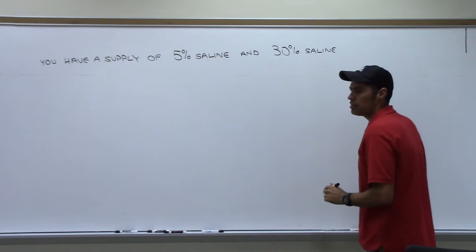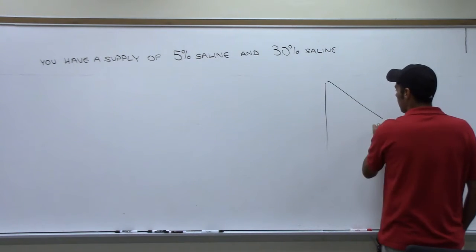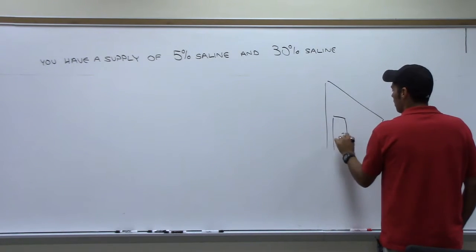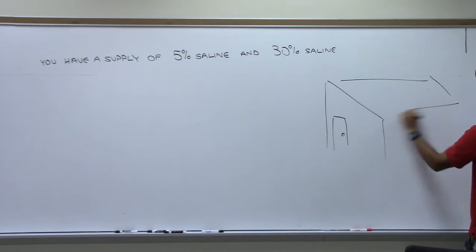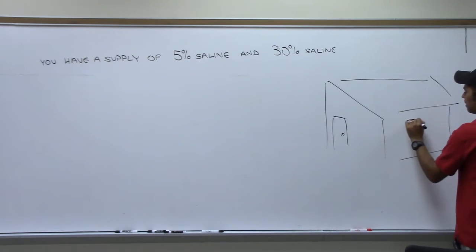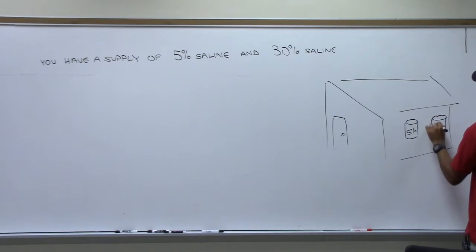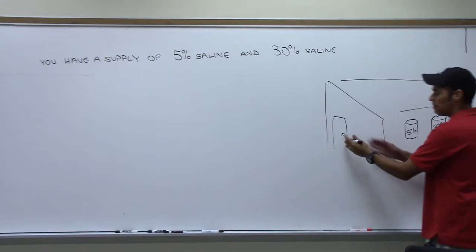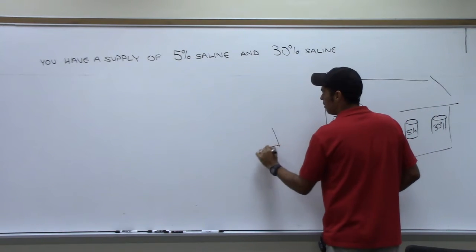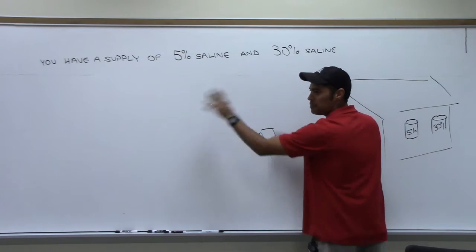So I like pictures, so I'm going to draw a picture for you real quick. Here's the little chemistry lab. There's a little door, and back here in this little room, they've got these two vats of 5% and 30% solution. They're behind locked doors because all the students are out here on their little desks. They're going to run their experiments, right?